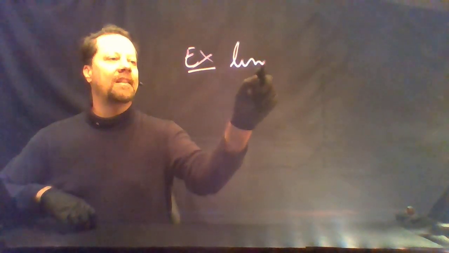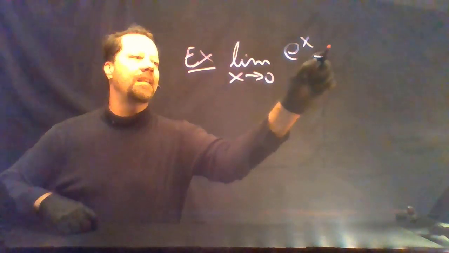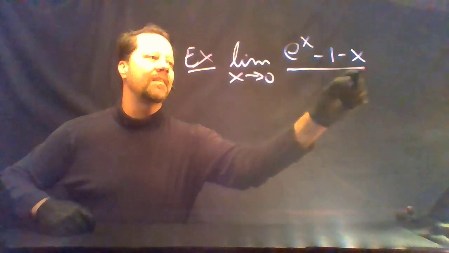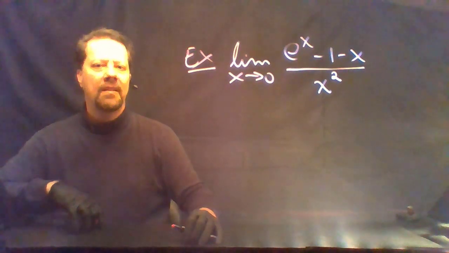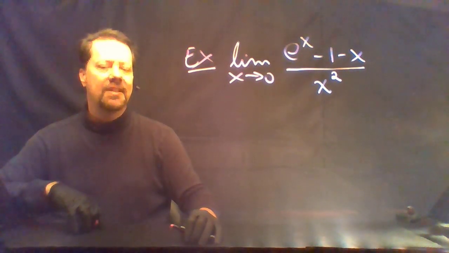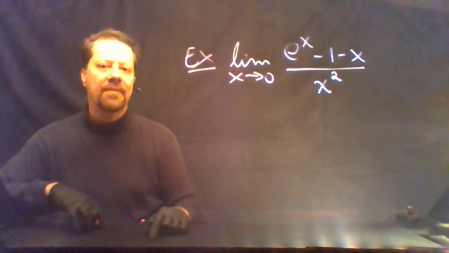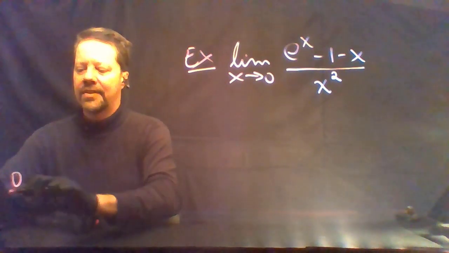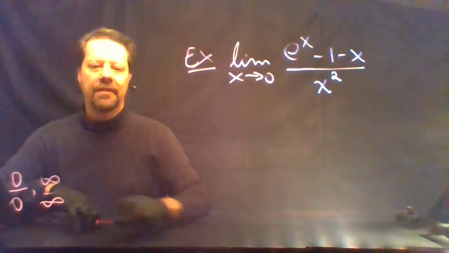Suppose I'm calculating the limit as x goes to 0 of e to the x minus 1 minus x divided by x squared. The first thing we should check is whether or not this is a L'Hopital's rule case. L'Hopital's rule cases are only 0 over 0 or infinity over infinity.